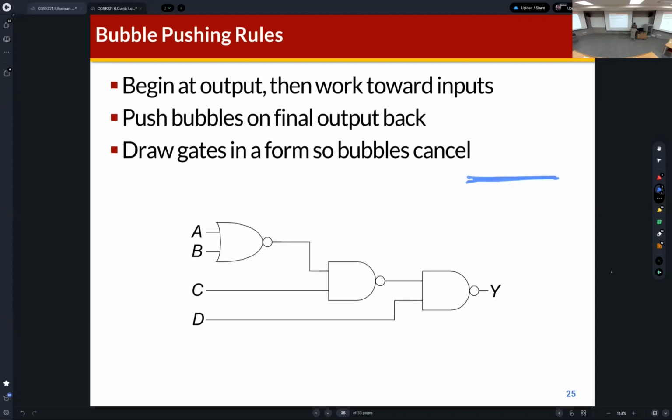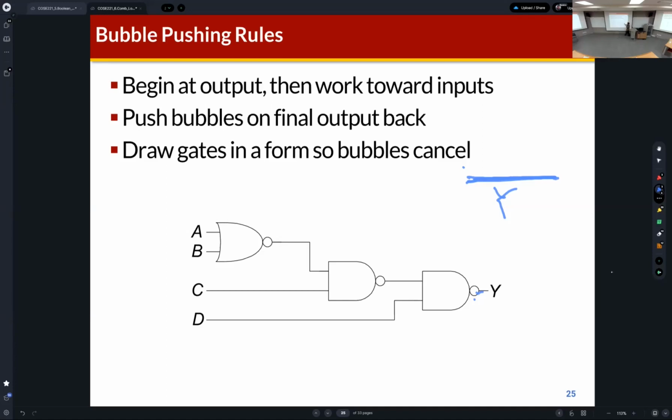This outside bar represents the final bubble. Right. This bar represents the inversion. I also mentioned that a bubble represents inversion. Okay. So we can start from the final output.